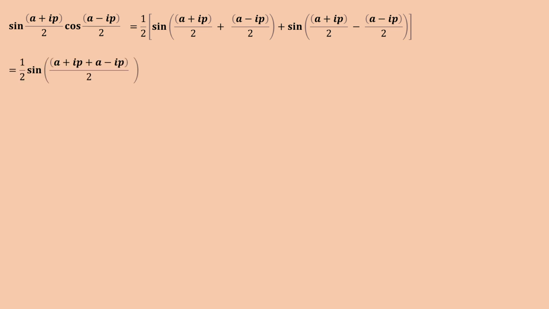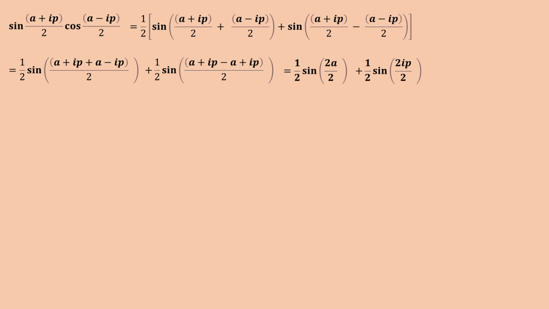So 2 is common LCM: half sin of a plus ip plus a minus ip by 2, plus half sin of a plus ip minus a plus ip by 2. In the numerator ip minus ip get cancelled, 2a by 2; in the second term a minus a get cancelled, 2 ip by 2, and 2 and 2 get cancelled. So the first term is equal to half sin a plus half sin ip. This is equation number A, capital A.